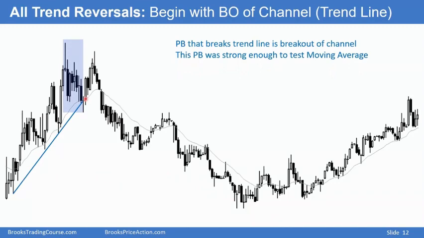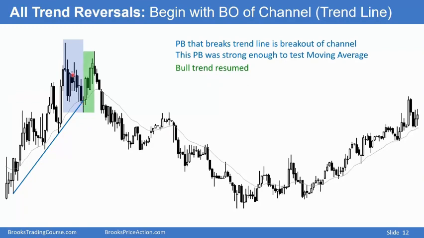We have a bull trend line for a bull trend, and traders need to see a pullback that breaks the bottom of the channel, in other words, the bull trend line, and preferably it has to be strong enough to get down to the 20-bar exponential moving average. You want some sign of strength on the part of the bears before anticipating a reversal into a bear trend.